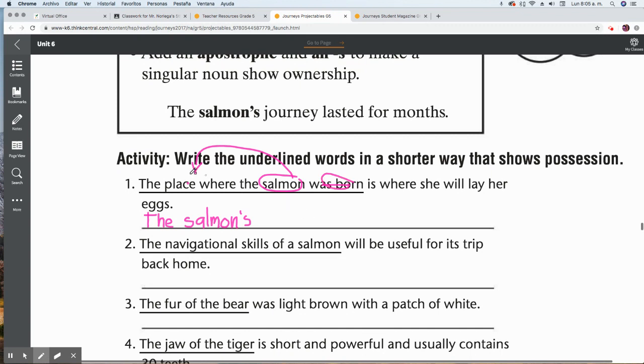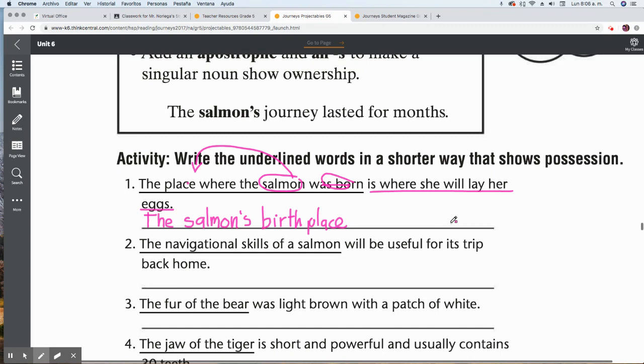I can put it together to say the salmon's birthplace. The salmon's birthplace is where she will lay her eggs. And after this, you would continue to write the rest of the sentence.